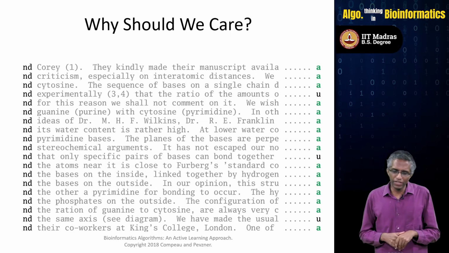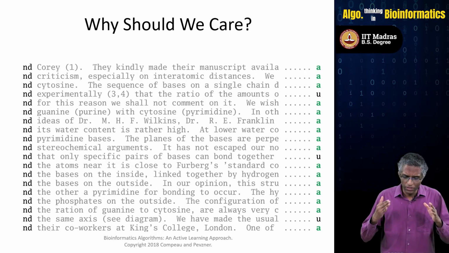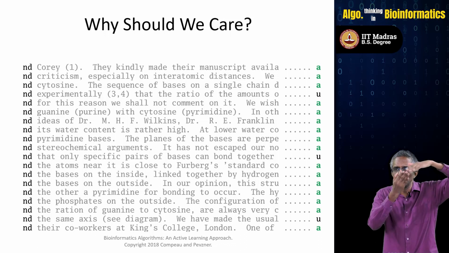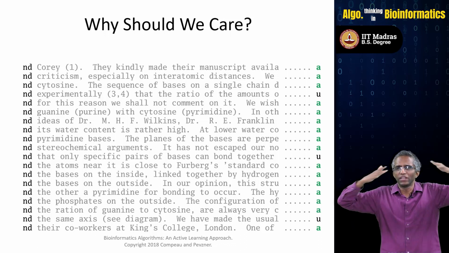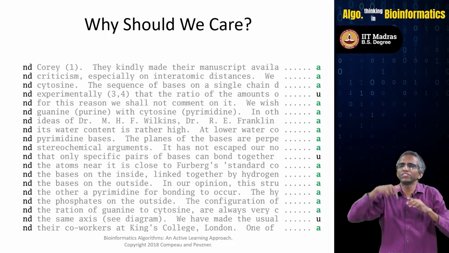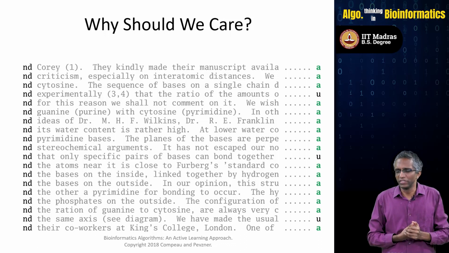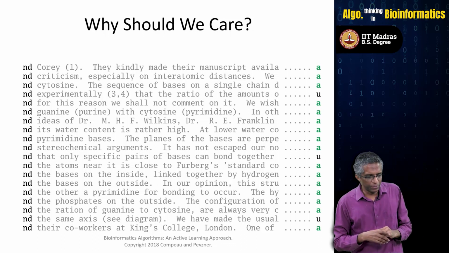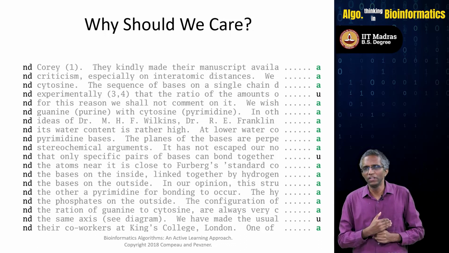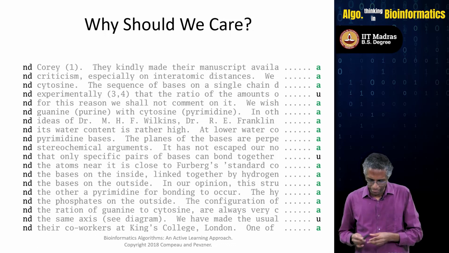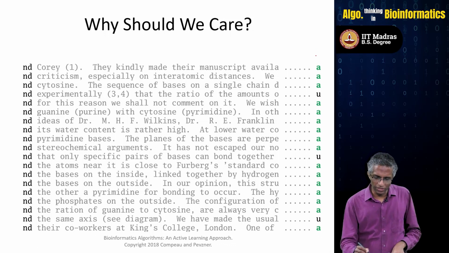And if you consider a document as one long genome, right? And then you consider all possible rotations of this document, and then do a Burrows-Wheeler transform on it and look at the last column, you will see that the repeats have all been brought together, and you have converted them into runs.